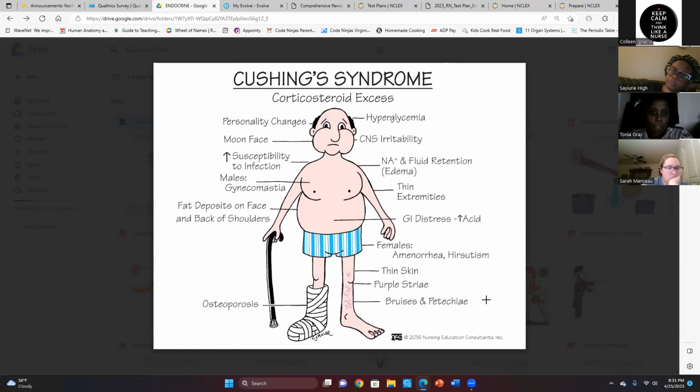osteoporosis, hyperglycemia, hypernatremia, hypokalemia, and hypocalcemia. So when I think hypocalcemia, I think of two signs. Can you all tell me what those two signs are that I'm testing for?